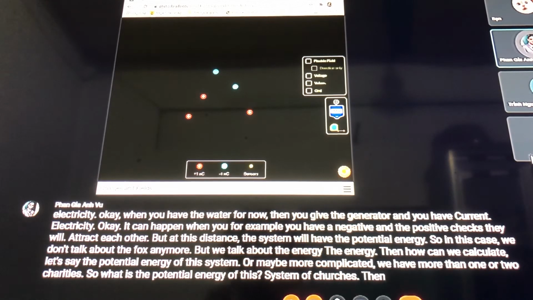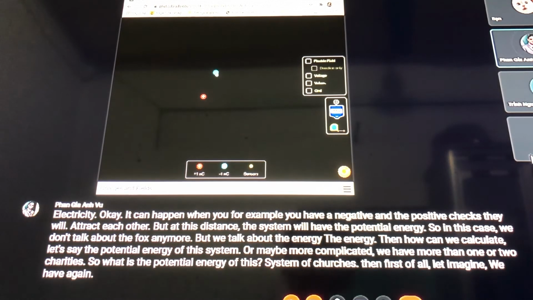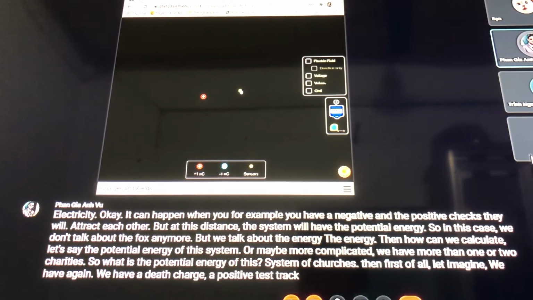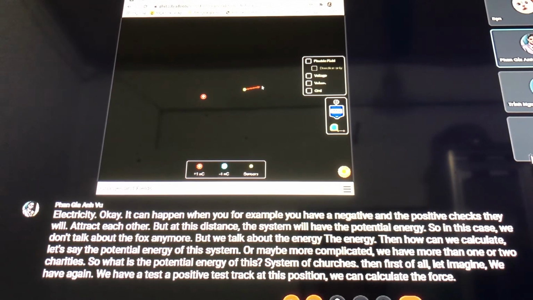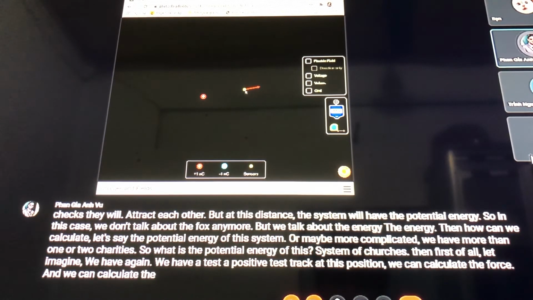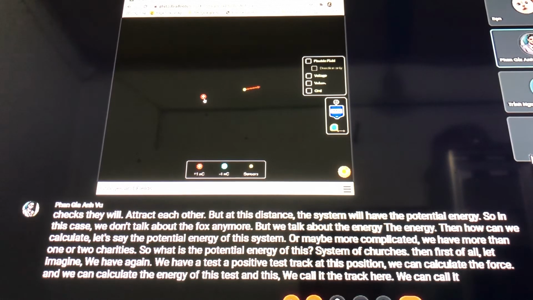First of all, let's imagine we again have a positive test charge at this position. We can calculate the force, and we can calculate the energy of this test charge and the charge here, which we can call the source charge.